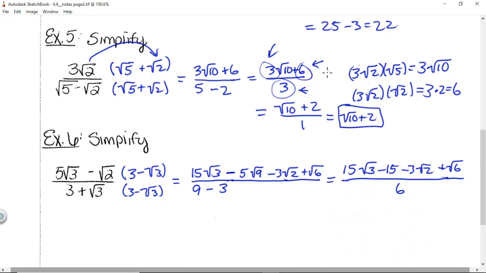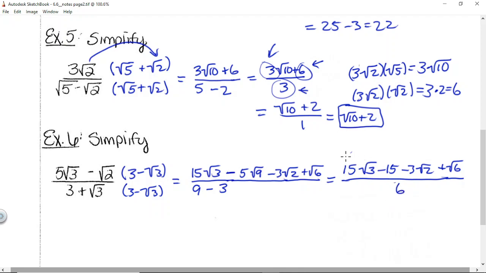So if there is something that we can factor out of all four of these plus the denominator, it has to come out of all 5 things. This, this, this, this, and this. We have to be able to factor something out of all of those. And there is nothing.